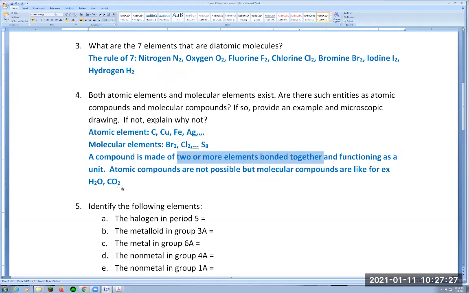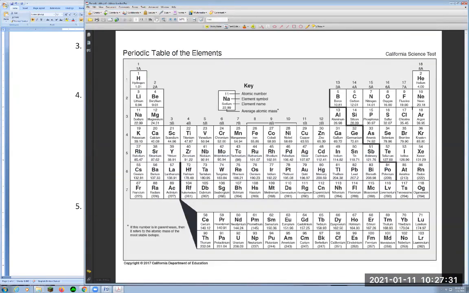You will learn that in chapter 4, the periodic table, and let me show the periodic table here. There is a classification, and that uses this staircase that you see to the right, that goes down from boron to polonium. And this staircase is very useful to help you see the metals.